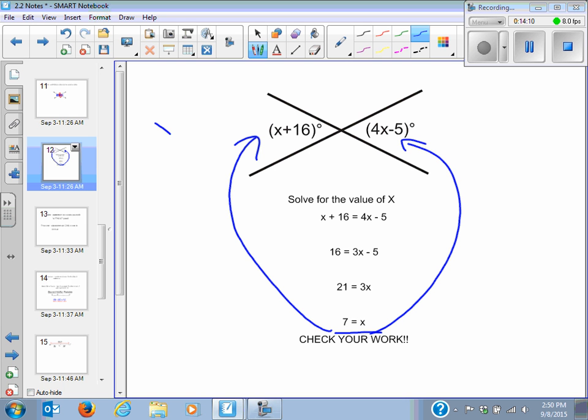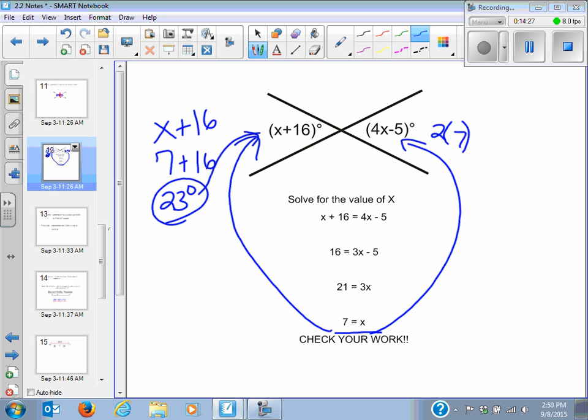So if I check that, x plus 16 or 7 plus 16, which is 23. So the angle right here is 23. This one better be 23 also. And when I check that, I get 4 times 7 minus 5, which is 28, minus 5, which is a 23.